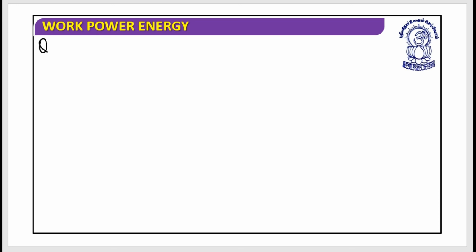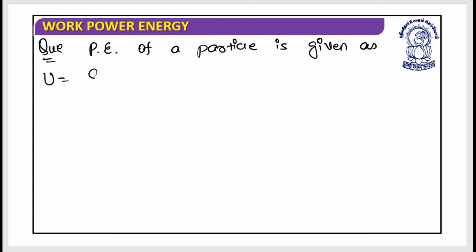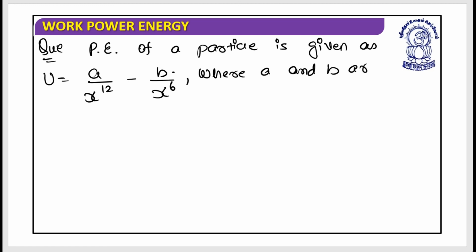Let's suppose the question is: given that the potential energy of a particle is given as U equals A by x to the power 12 minus B divided by x to the power 6, where A and B are constants and x represents position.